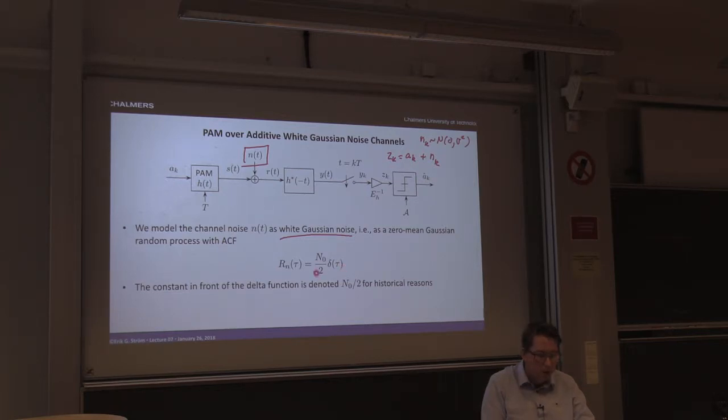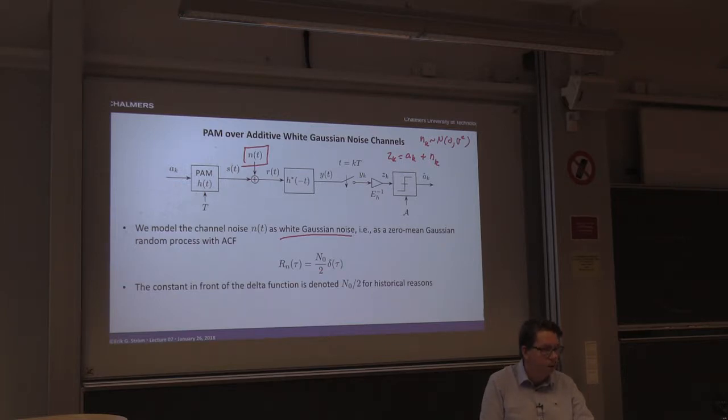And this N naught over 2 is a constant, it determines the strength of the noise. The reason why we divide by 2 here is historical, but it's been like that for many years. So N naught over 2 is the standard assumption for this.